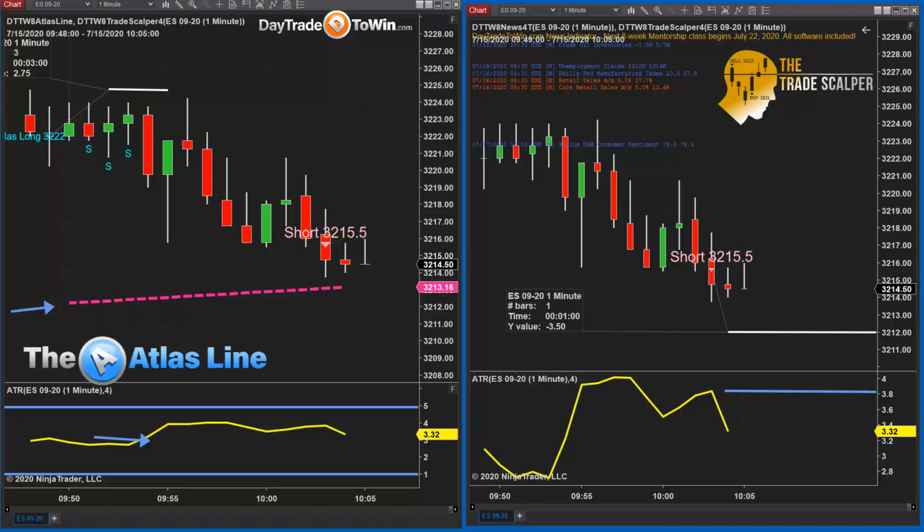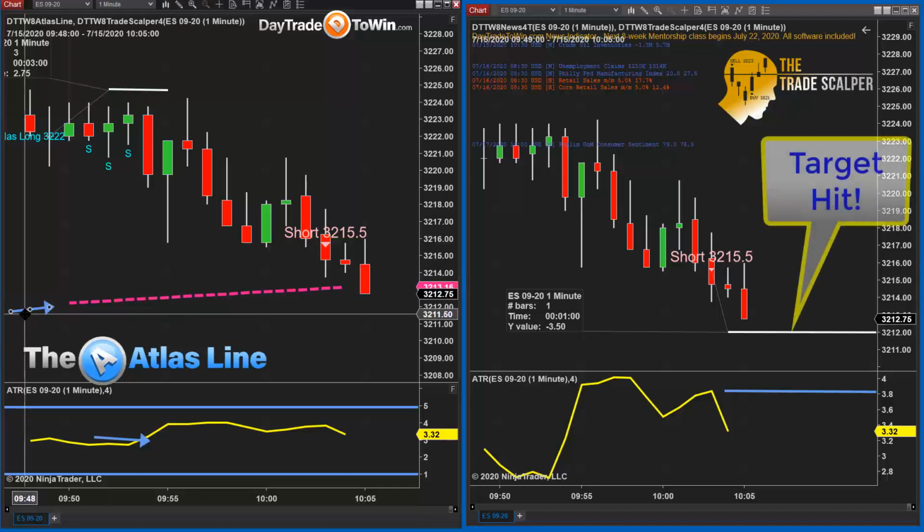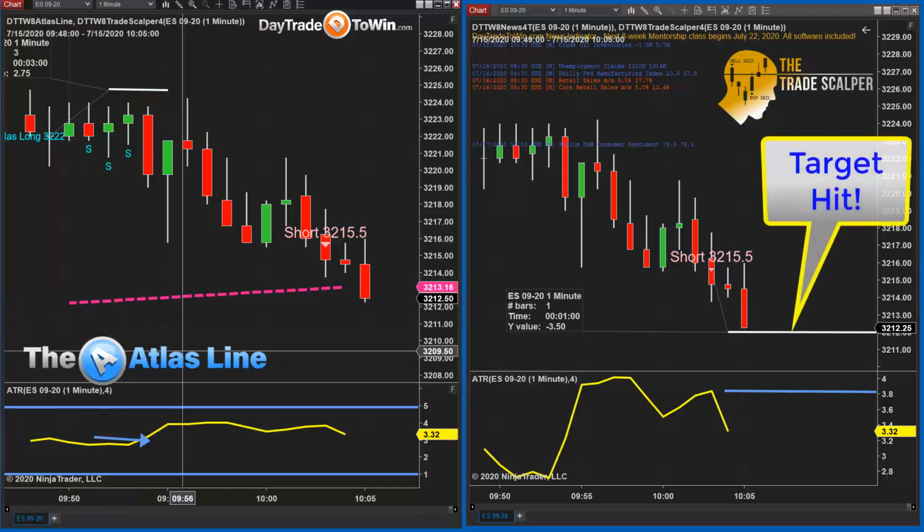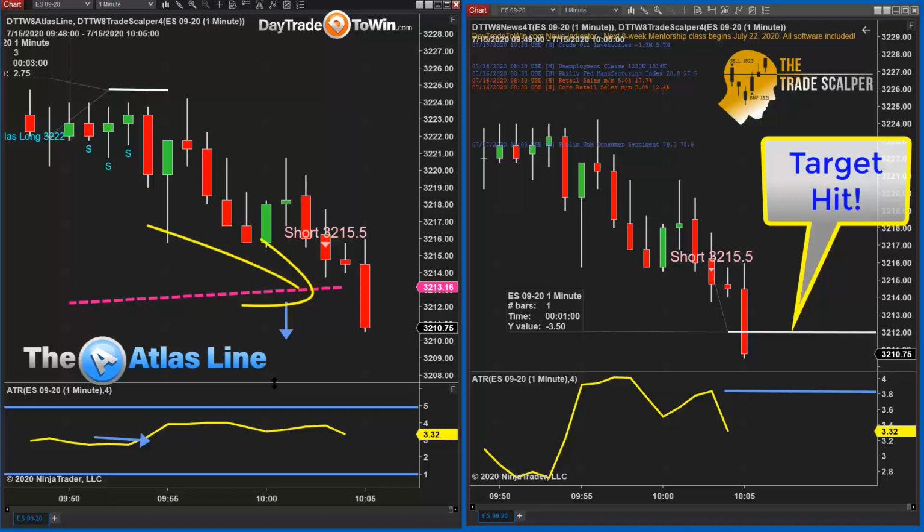Alan, Steve, Jamie. Now also, when you look here at the Atlas line, if the market drops below the Atlas line, the way that the Atlas line works is that there are 2 consecutive candles that need to plot in order for a signal to be developed.